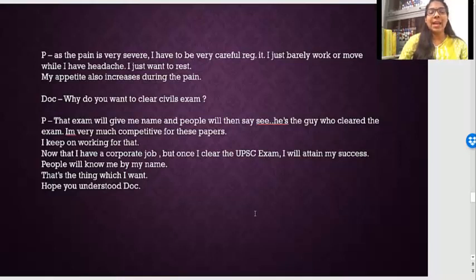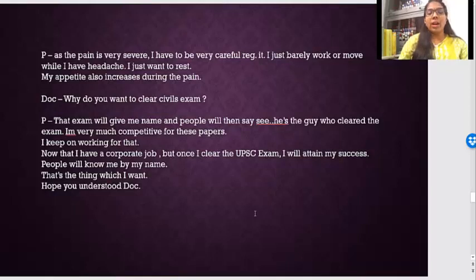And regarding the examination, the patient says that the exam will give me name. And people will then say, see, he is the guy who cleared the exam. I am very much competitive for these papers. I keep on working for it.